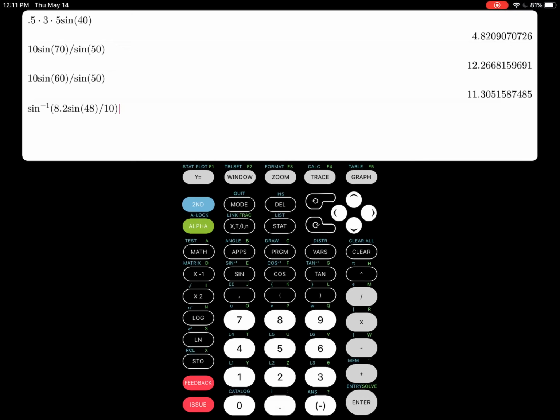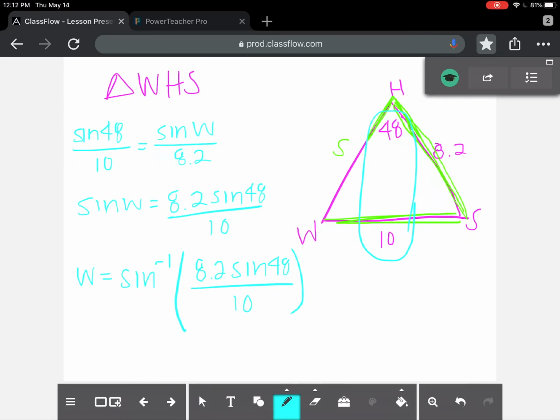That's exactly what you would put in your calculator: inverse sine of 8.2 sine of 48 over 10. And that'll give you 37.5.